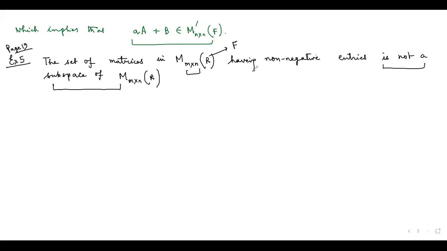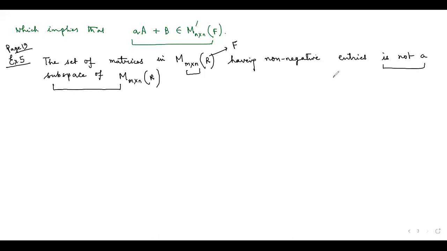Now it is saying that if we consider the set of all matrices of any order whose elements are real numbers, and from there I select a set which consists of only those matrices where the matrix elements are all non-negative entries, then this particular subset containing the matrices with non-negative entries will not be a subspace. Why is it so? Because one of the properties will be violated over here.